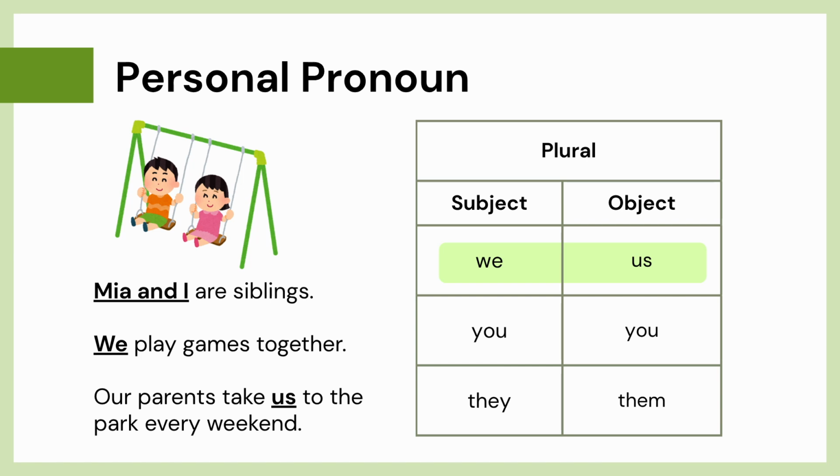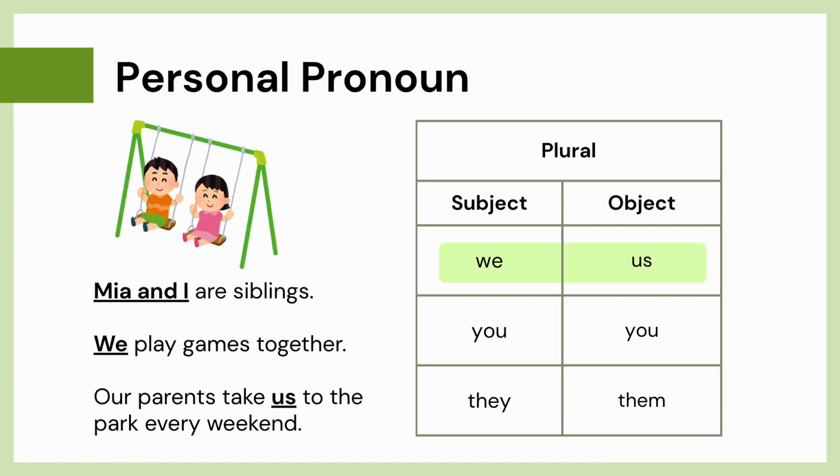We. That's right. We are siblings. We play games together. The pronoun we here is the subject because these are the people who are doing the action. That is correct. Playing games together.